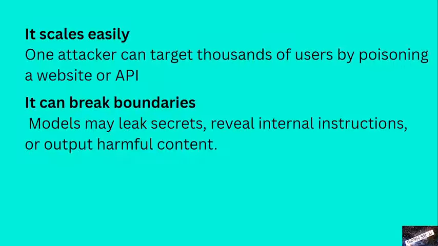It can break boundaries. Models may leak secrets, reveal internal instructions, or output harmful content. So these are the things an AI model could eventually do if it reads, like a blind person, and just leads the users into a very harmful situation, because users don't know.